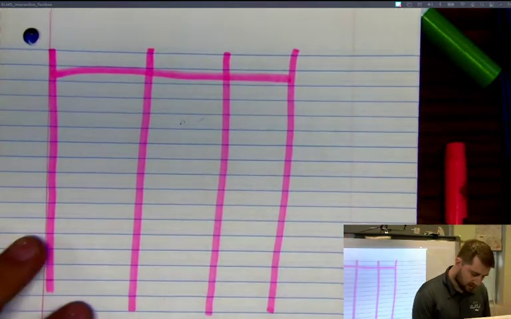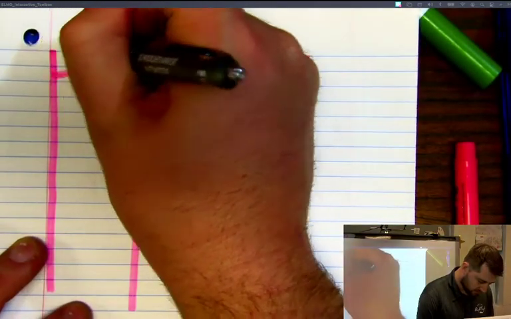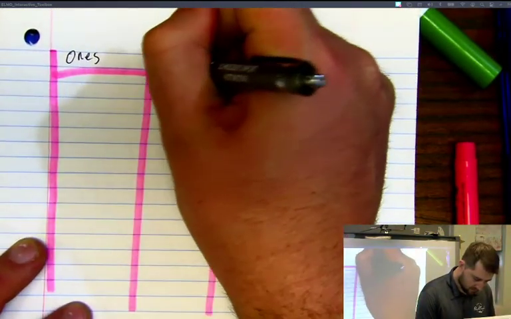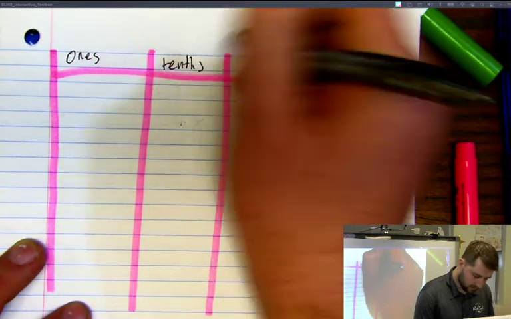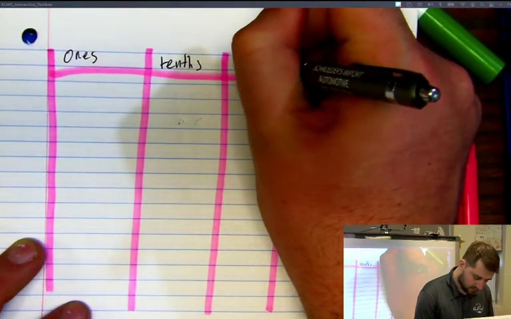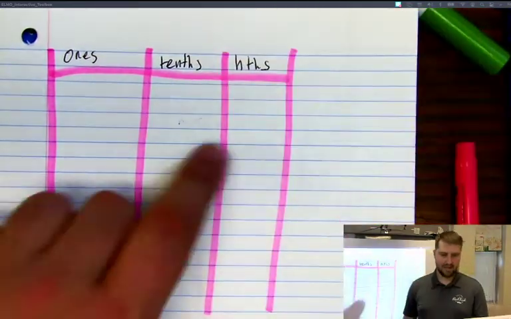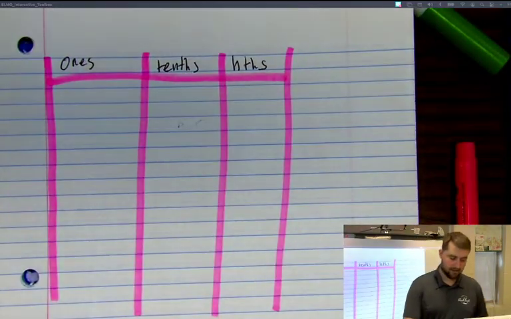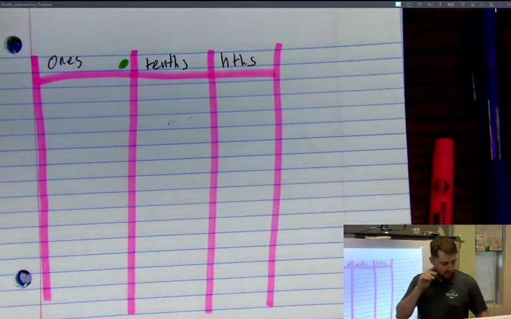I'm going to label my columns again, the ones, the tenths, and I'm going to abbreviate hundredths like that. So that's still going to mean hundredths. I'm going to abbreviate it for now. Our decimal place is still green. It's still right there.